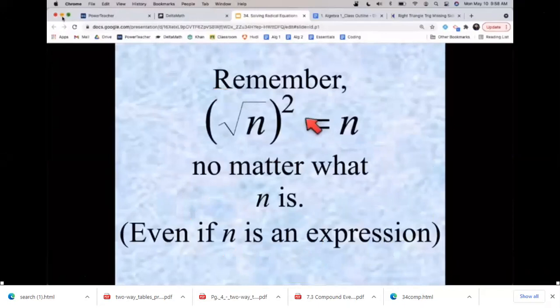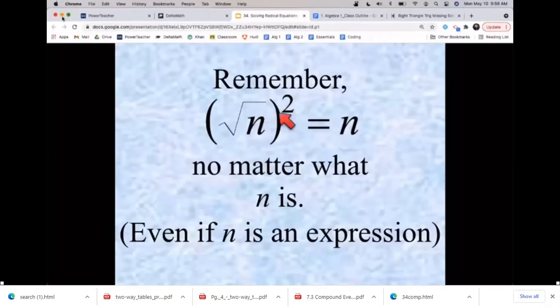Now, remember, square root of n, all to the power of 2, should be equal to n, no matter what n is. So n, any number under the square root, when we put all to the power of 2, the number under the square root comes out.